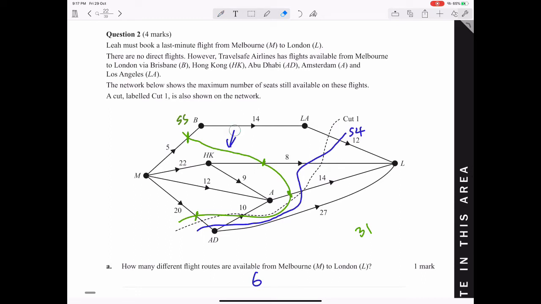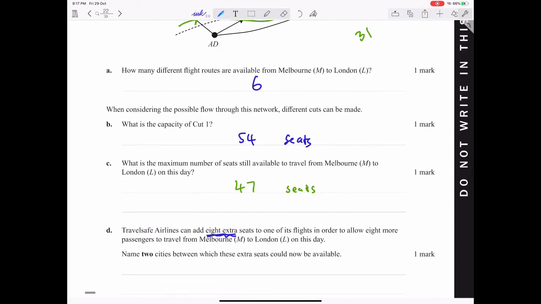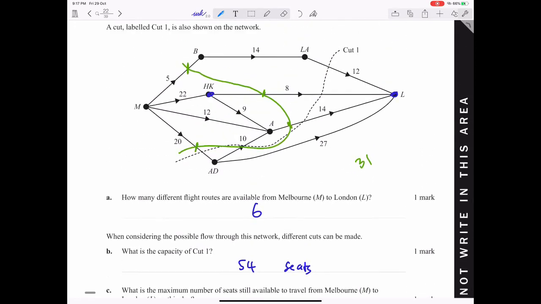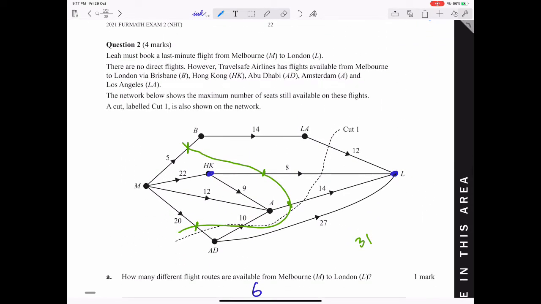So let's trial another arrow. So we'll just trial the arrow in between Hong Kong and London, because we know that in order to add 8 extra seats, the additional seats have to be added to an arrow along the existing minimum cut.